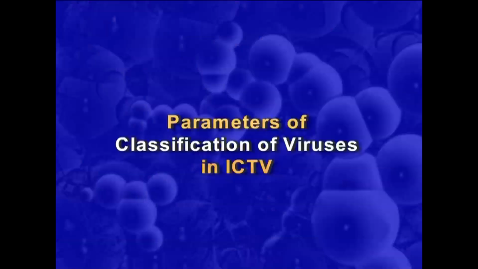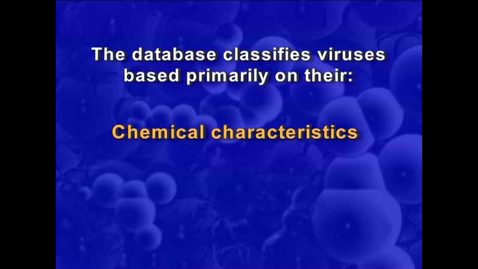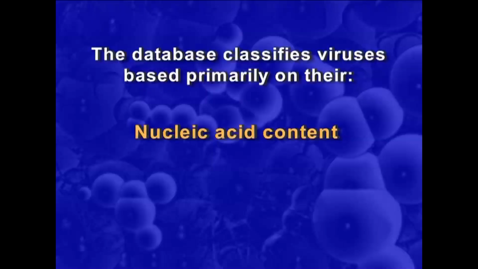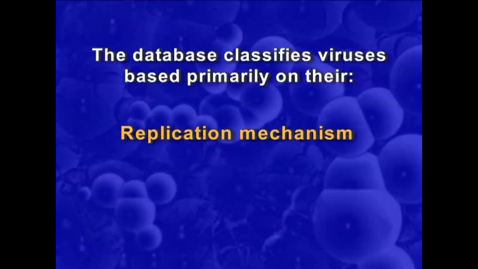Now, let's have a look at what parameters the classification of viruses was done on in ICTV. Number 1, the criteria that they used for the classification was the chemical characteristics of the virus. The second feature that was used was the nucleic acid content of the virus. As we all know, viruses can have either DNA or RNA in their genomes. So, this second point was taken into account. The third point that was taken into account was the replication mechanism of the viruses.